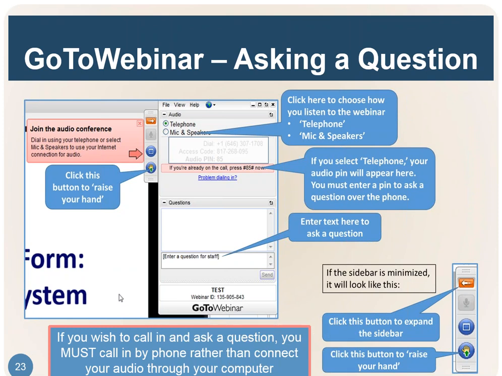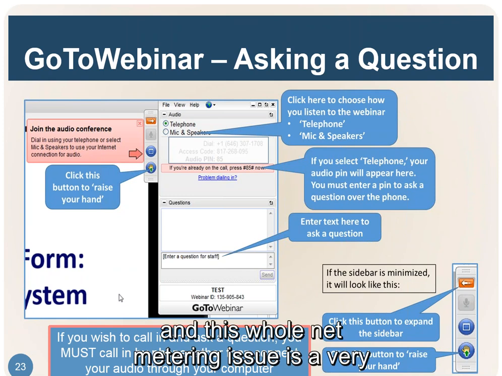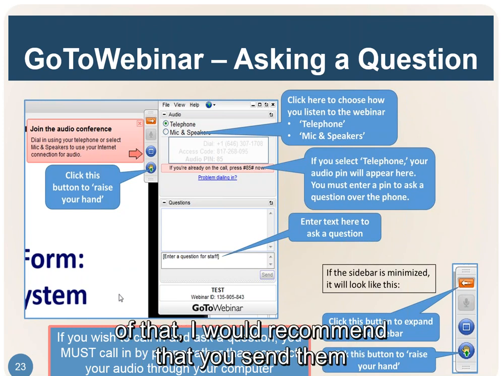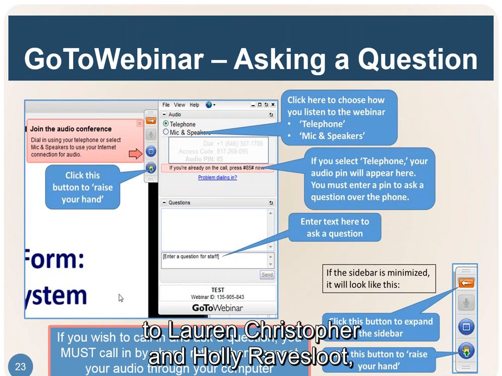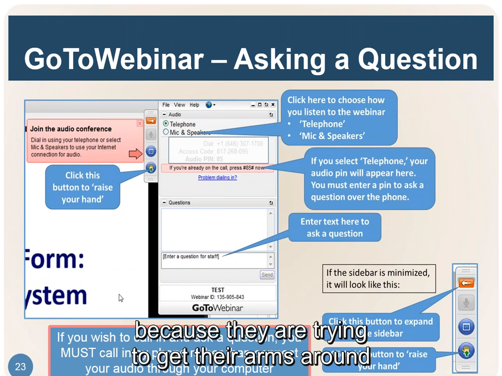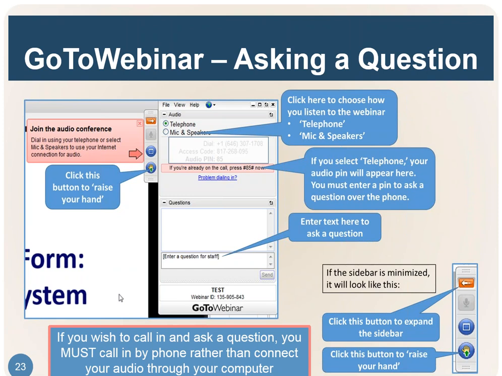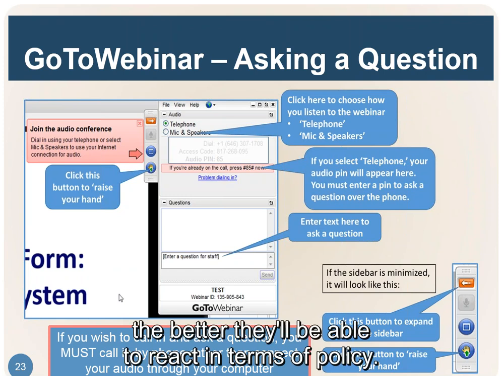This whole net metering issue is a very complicated question. If you all have examples of that, I would recommend that you send them to Lauren Christopher and Holly Raveslut, because they are trying to get their arms around that issue. And the more examples they see, the better they'll be able to react in terms of policy.